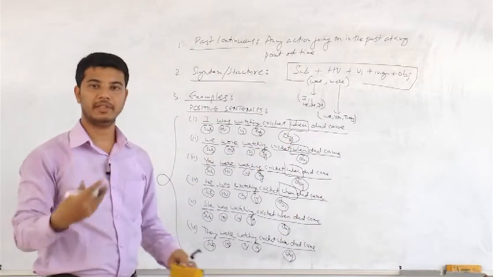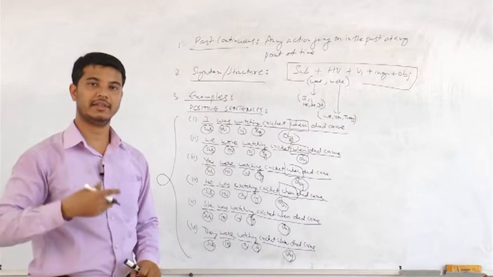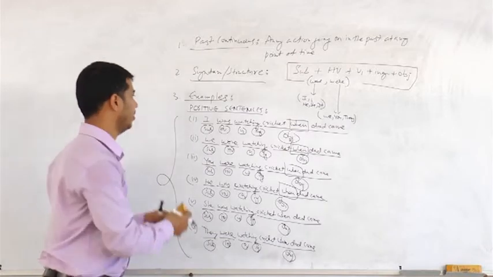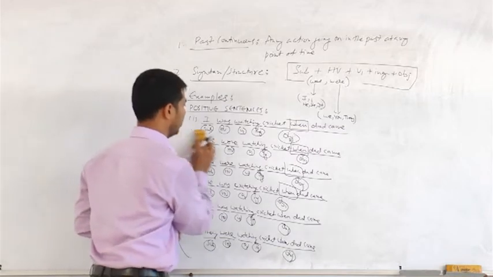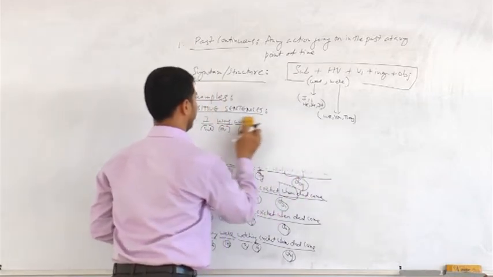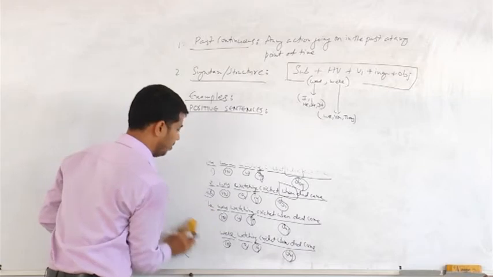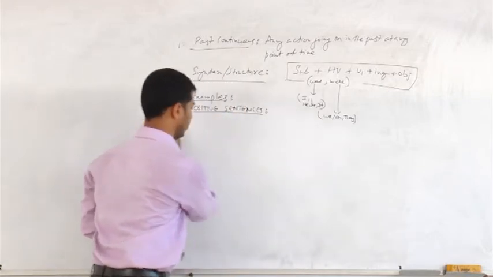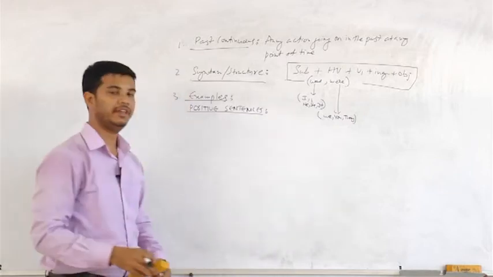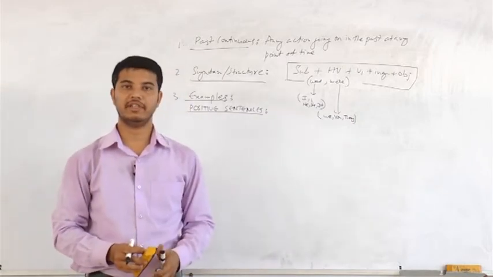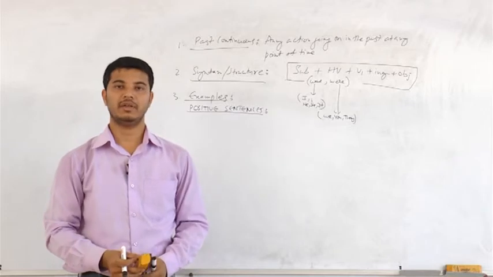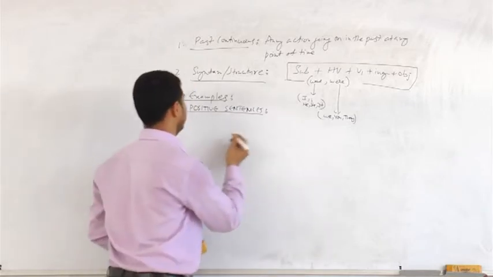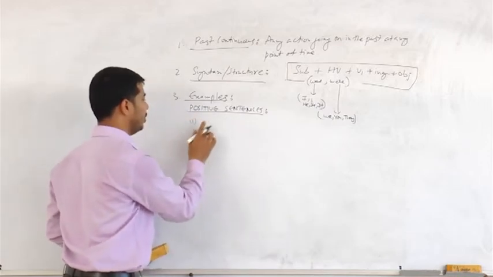Okay, now let us jump into negative sentences and let us understand how exactly it looks or how exactly it sounds. For negative sentences in past continuous, you have to bring not again. You have to bring not, that's it, and insert, okay. Now where to insert, let us see.